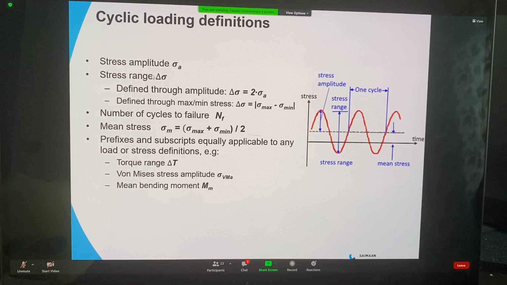And the stress range is then twice the amount of the stress amplitude, that is from the lowest valley to the highest top. And if we calculate this stress range from the maximum and minimum stresses, it's of course the maximum value minus the minimum value.